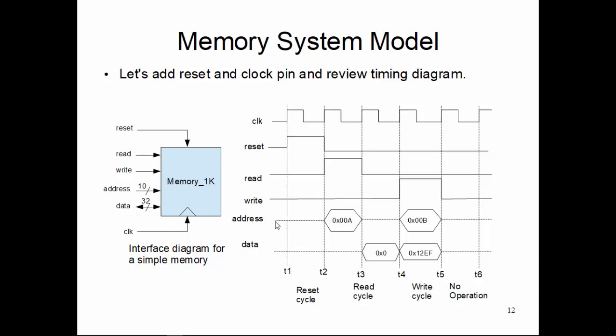So we just represent it as a single dashed line, and when it is relevant, we show the value, like 00A, for example. This is just an arbitrary example.